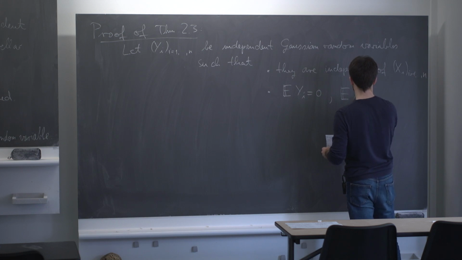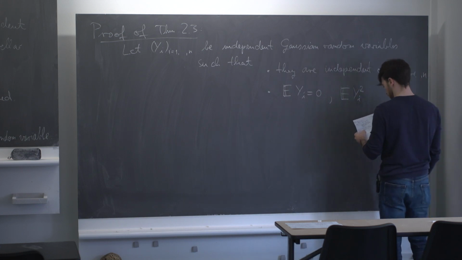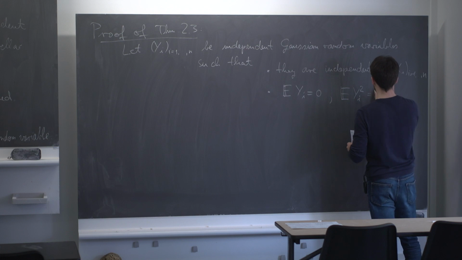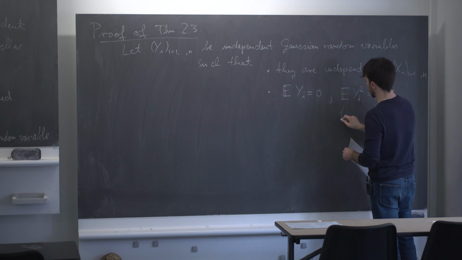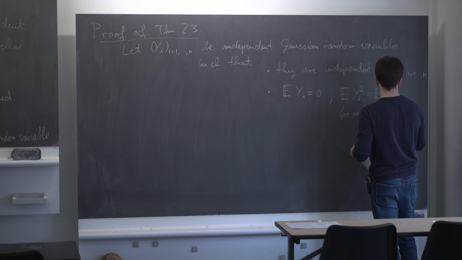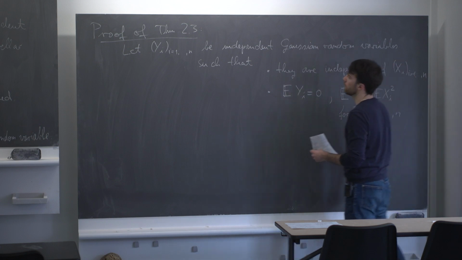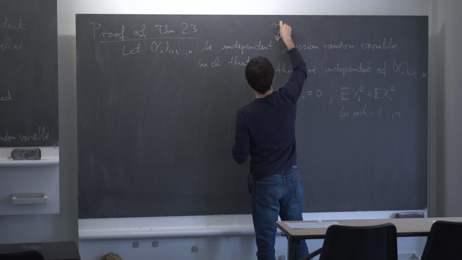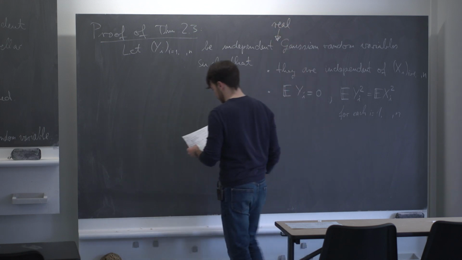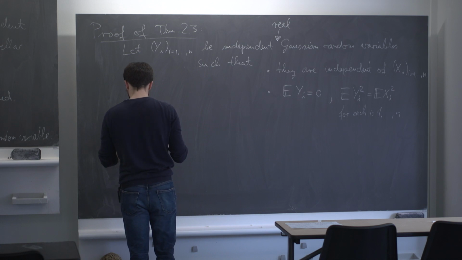So I assume that the expectation of yi squared is the same as that of xi squared, and both of these conditions hold for each i running from 1 up to n. And maybe I should say here that these are real Gaussian variables.